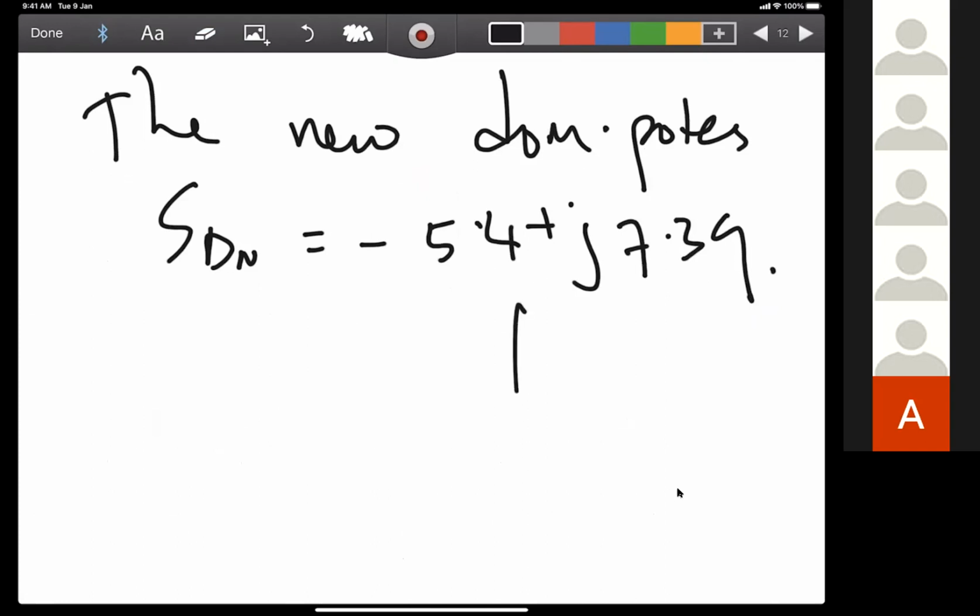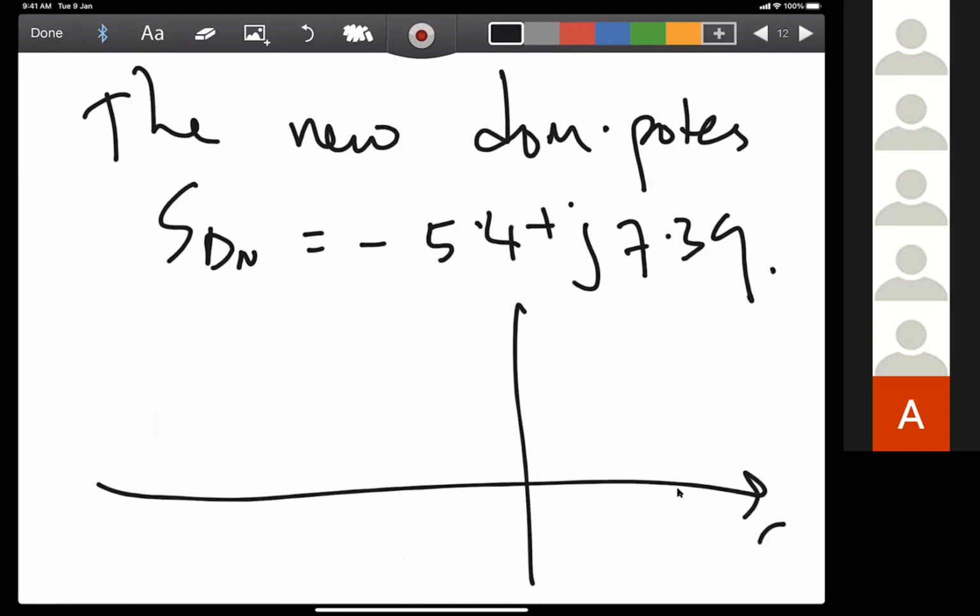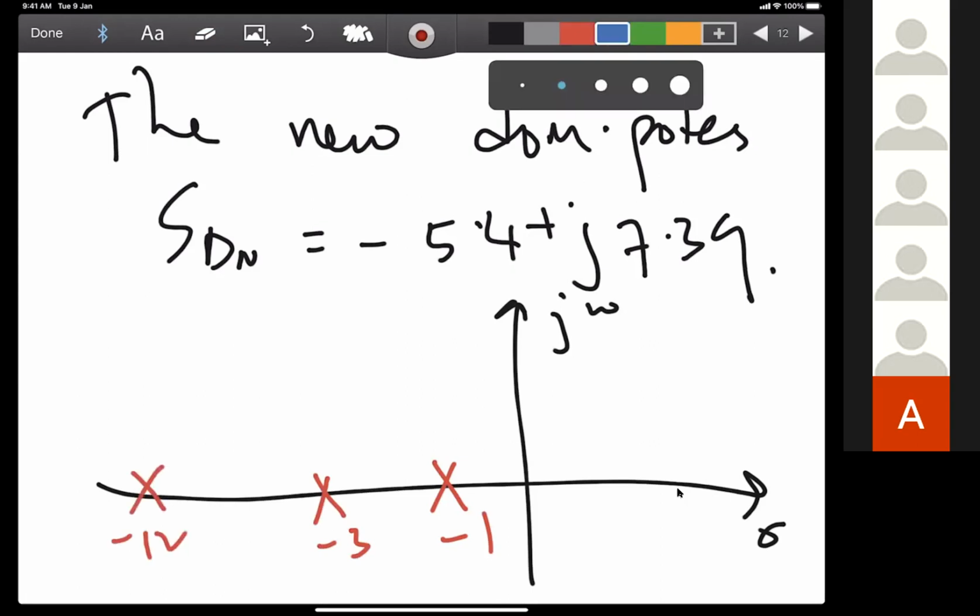Then we plot it. Then we mark the pole. And the new dominant pole, which is here.